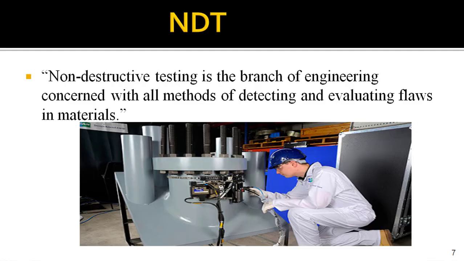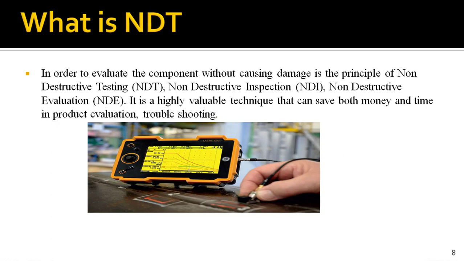Non-destructive testing is the branch of engineering concerned with all methods of detecting and evaluating flaws in materials. It means we can detect each and everything by various types of NDT methods. Here you can see in the diagram that this technique is being used. Sometimes people call it non-destructive testing, sometimes non-destructive inspection, sometimes non-destructive evaluation.